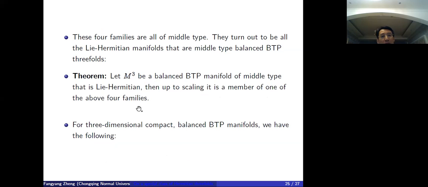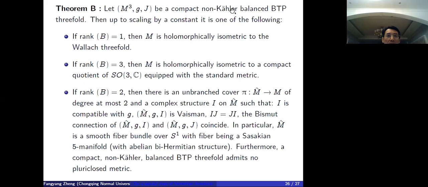Now, for 3-dimensional compact balanced BTP manifolds, we have a full classification theorem. Again, the statement is a bit long. So let M3 be a non-Kähler compact balanced BTP threefold. Then up to scaling, you're in one of these 3 cases.